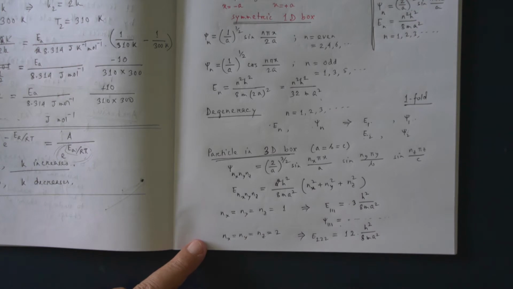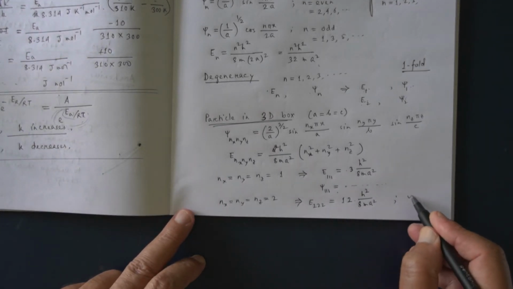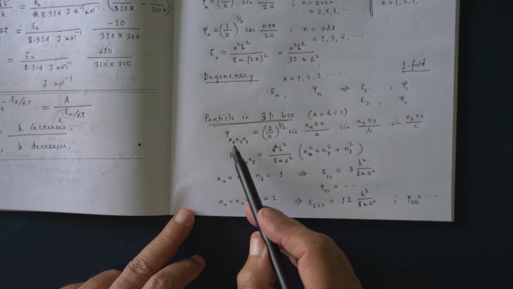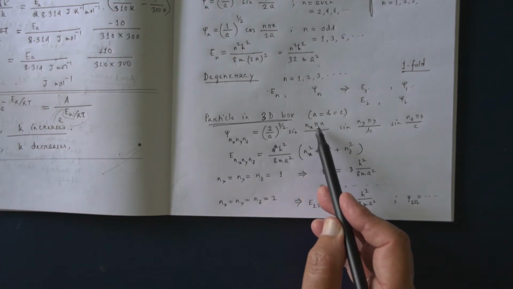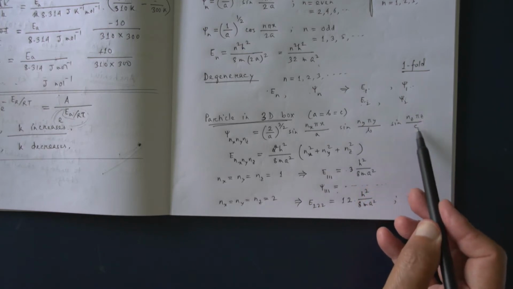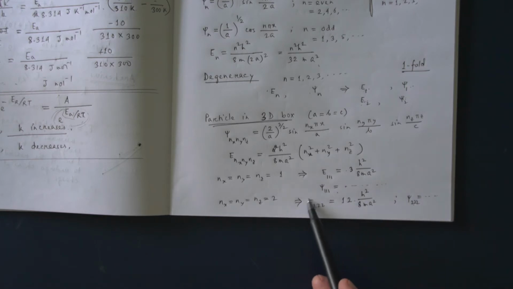Once again we will have only one wave function, psi 222. This will be sine 2 pi x by a, 2 pi y by b, 2 pi z by c. That means one energy level, one state.